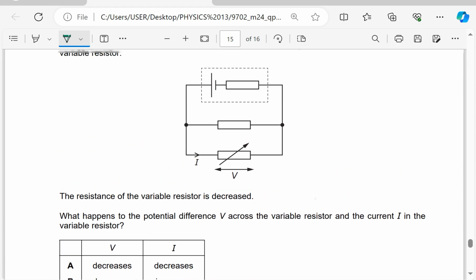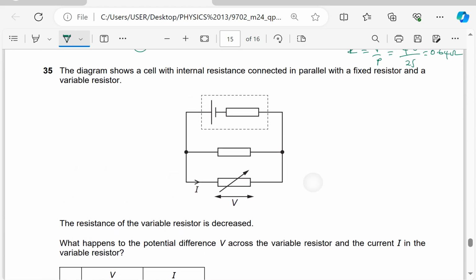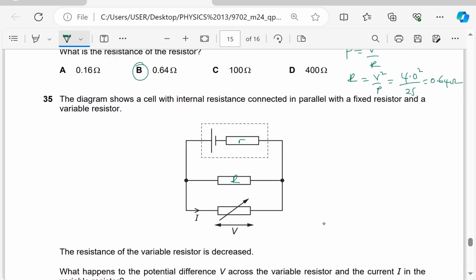The easiest way to think about this is to start with total resistance. Let's fix this to be small r, and this one is going to be the variable resistor, which I'll call RV. If RV is decreased, it means the resistance in parallel becomes smaller.